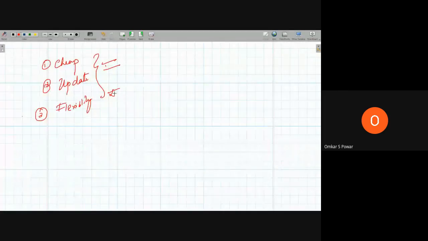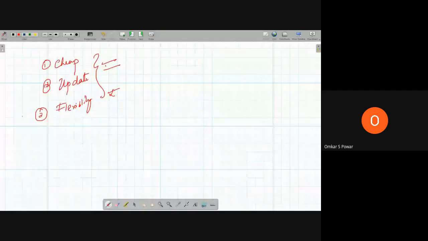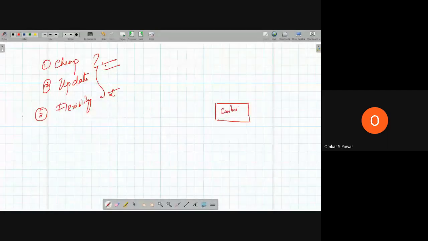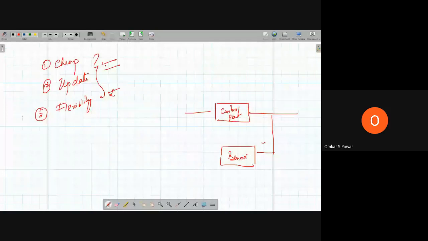Okay, let me explain this one with the help of control system only. When you understand the control system subject, it will become easy for you. So you have this control plant here. For example, you need to regulate some temperature, and you have your normal sensor here. The sensor senses the temperature, and the output will be analog.